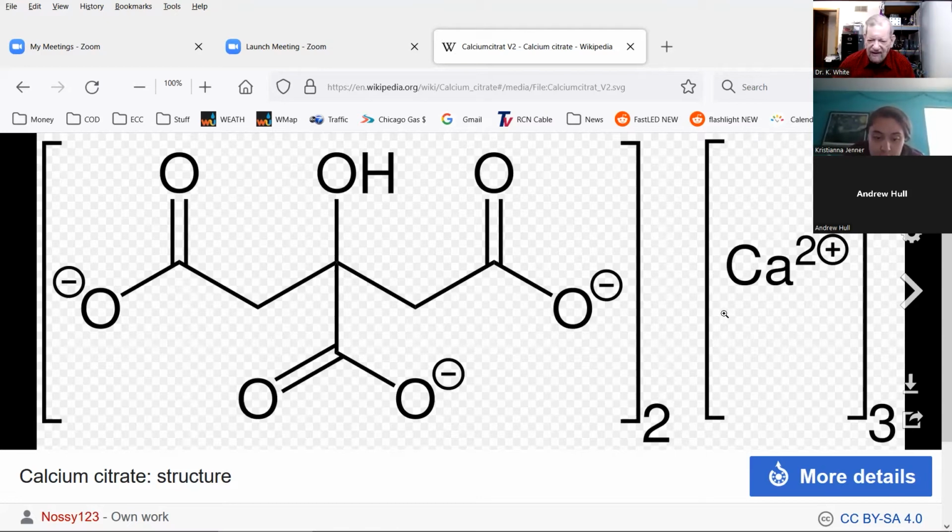And the way you get it as a supplement, which I take, so I don't have osteoporosis, because I don't drink milk anymore, rarely do. So, and cheese, I don't eat that much. So to keep the calcium level in my body high for good bones, I take a supplement, Citracal, which is this molecule right here. I think that's the best one out in the market, but that's my personal opinion.